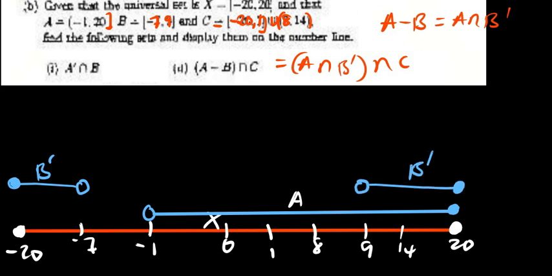What else? Now we look at C. C is telling us from negative 20 all the way to 1. So negative 20 included, we already know that, all the way to 1. 1 is here, now straight here, included. We put the line.